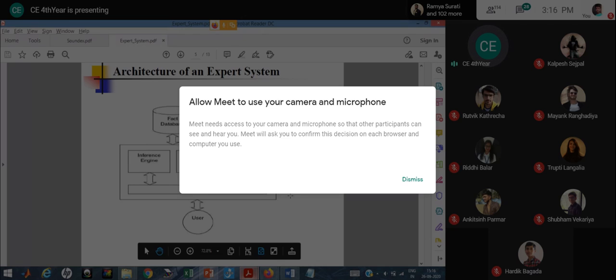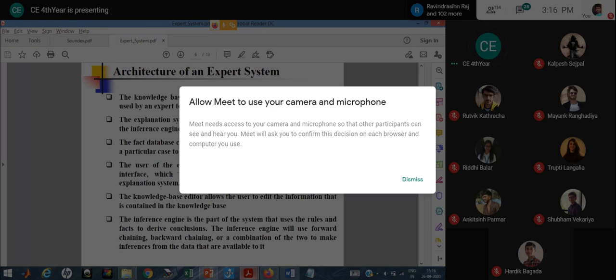This is the architecture. One by one I will explain all the parts. First I will explain the knowledge base.